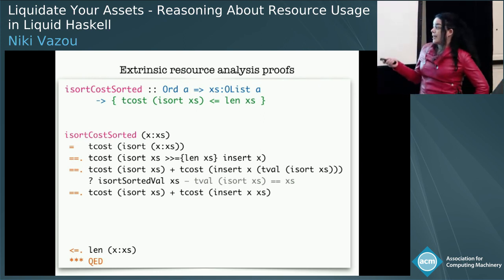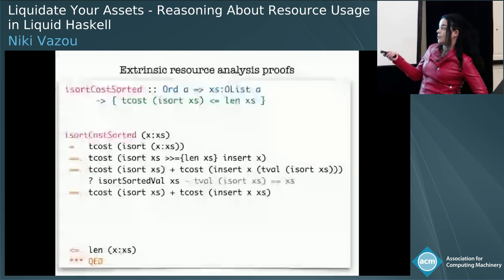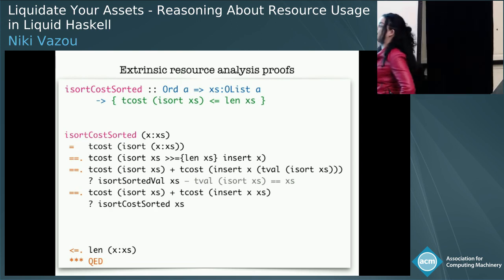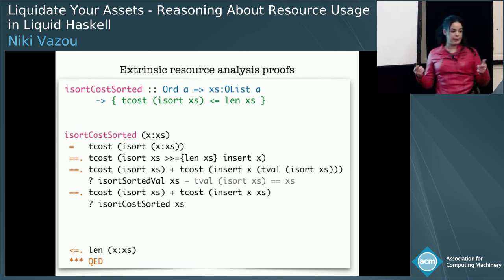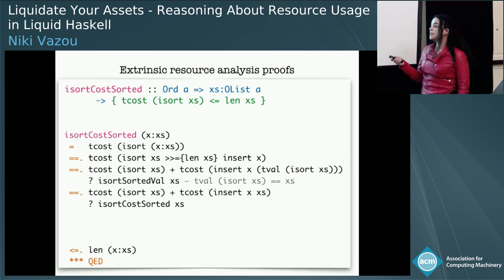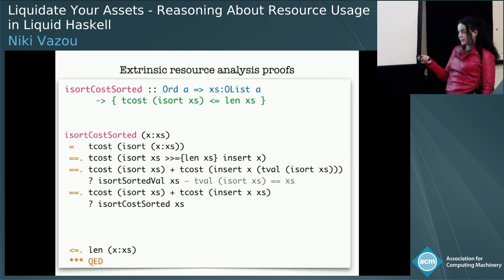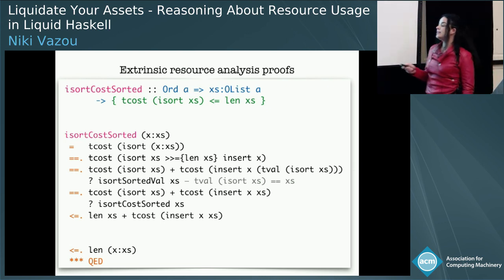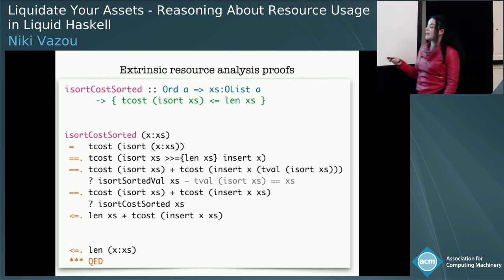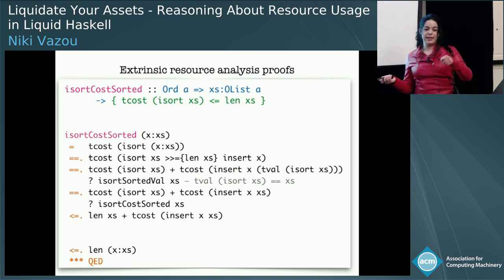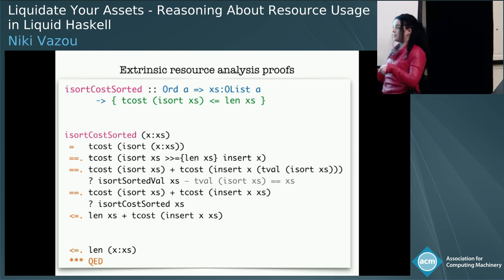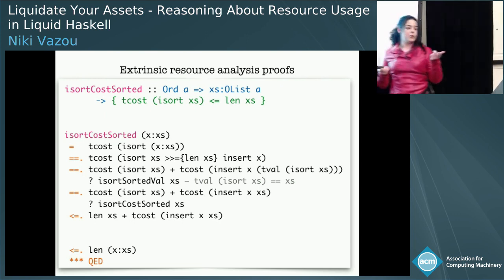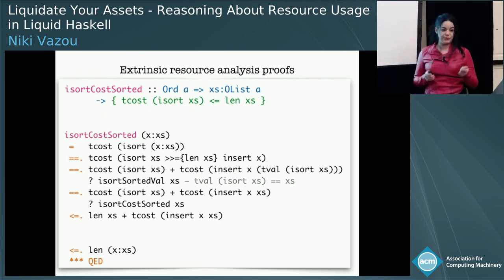And now I have my theorem, I inductively call it on smaller input. So I can use my inductive hypothesis, basically a recursive call on xs. So I know what this cost is bounded by, length of xs. And now the interesting part is that I want to compute the value of insert x into xs, which can be either 0 if my xs is empty, or 1 because my list is sorted.